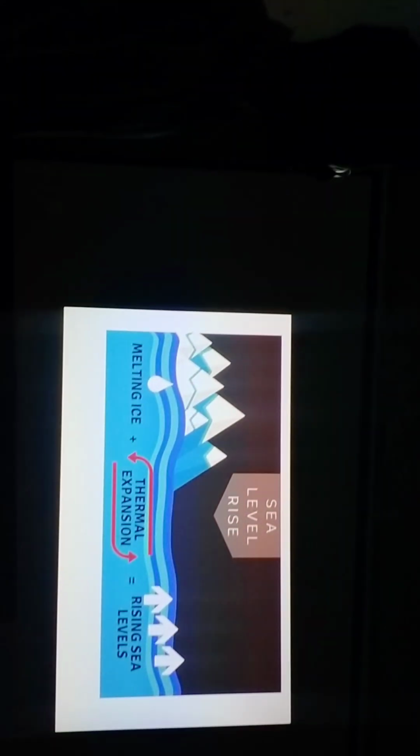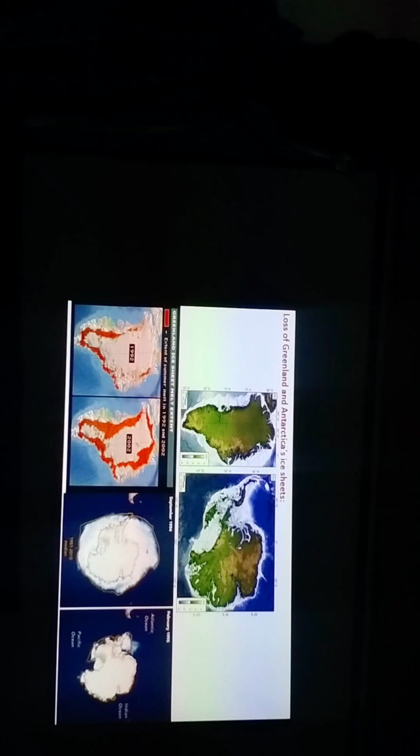To see how global warming affects glaciers and ice sheets, look at the picture: in 1906 the area was completely covered with ice, but in 2004 the ice has completely melted and it is water. This is how melting of ice and thermal expansion lead to sea level rise.